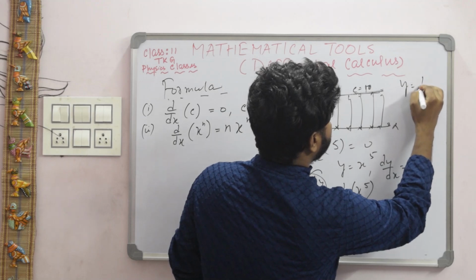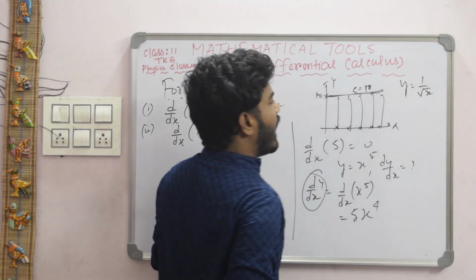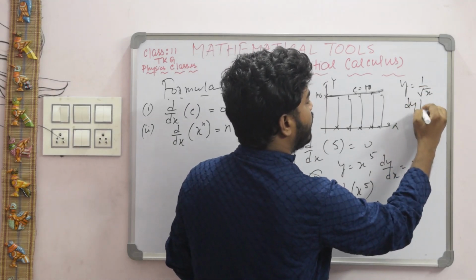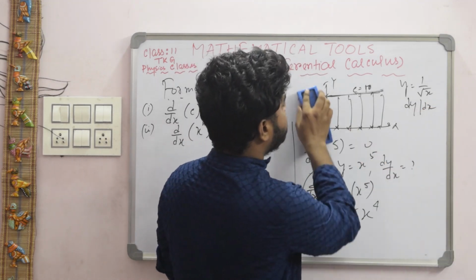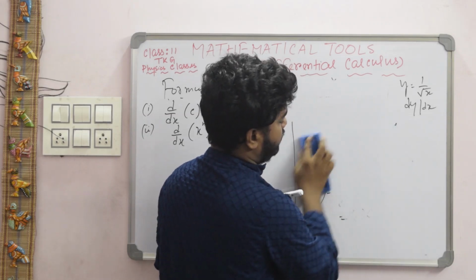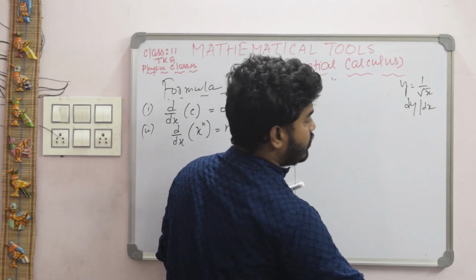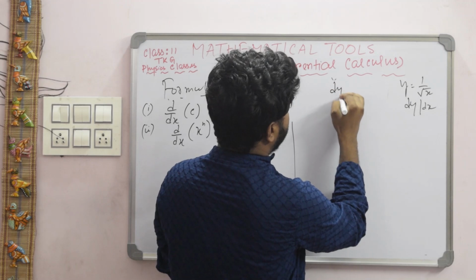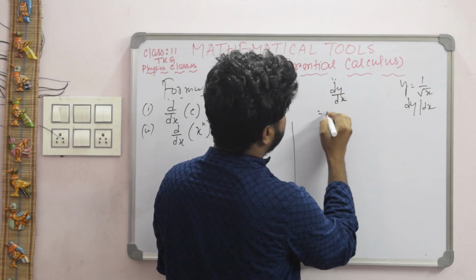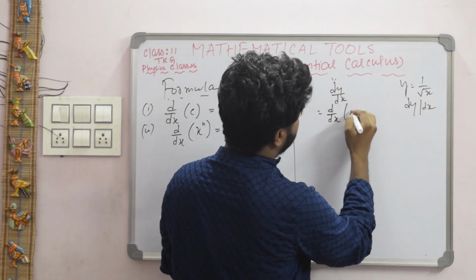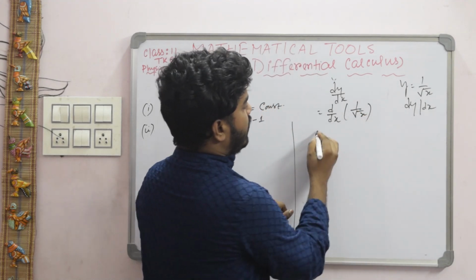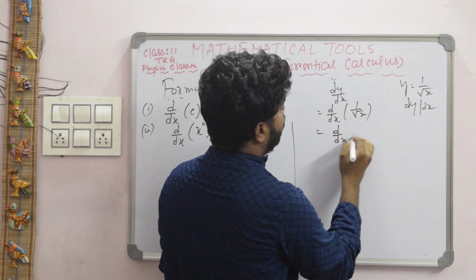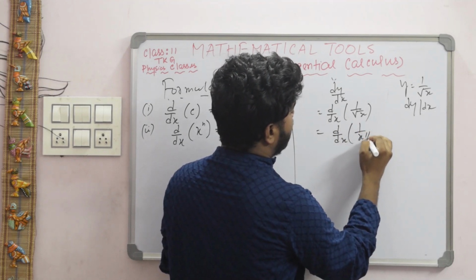Let's take another example. Suppose y is equal to 1 by root x and you need to find dy by dx. Write it down. dy by dx is d/dx of 1 by root x, and you know this is 1 by x to the power half.